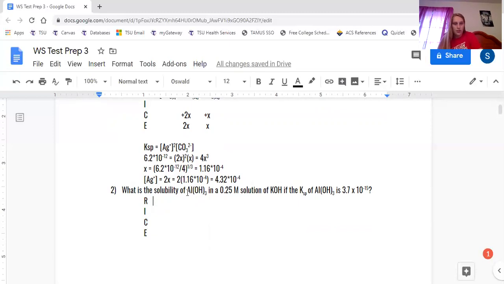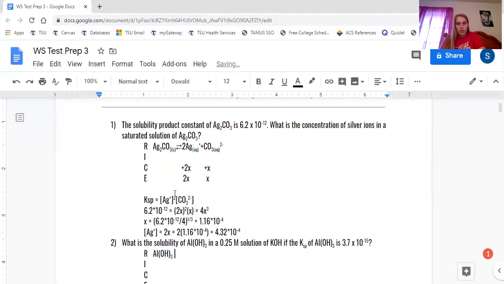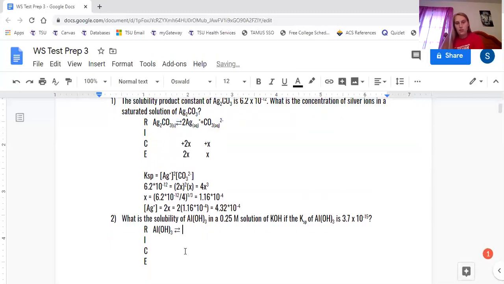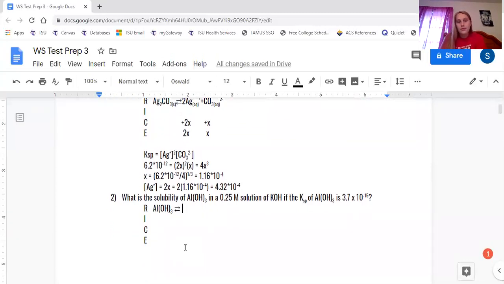Okay, so for our reaction, we're going to have our aluminum hydroxide here. And that is going to dissociate into aluminum and hydroxide.